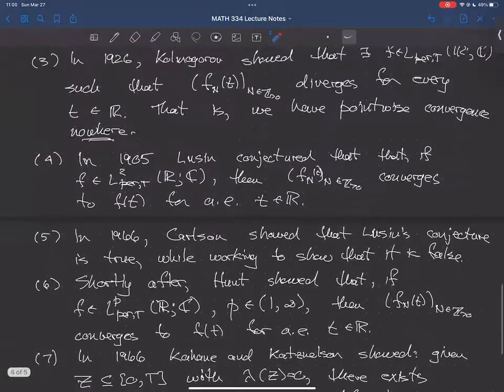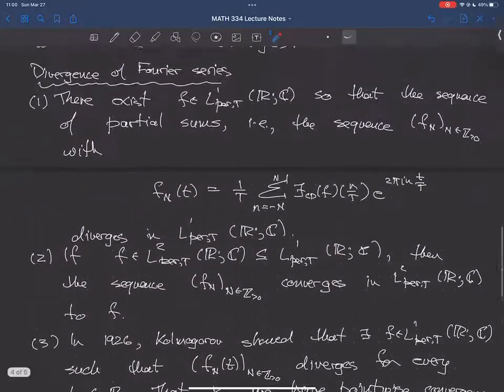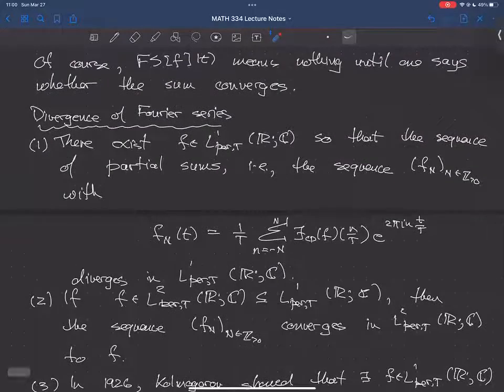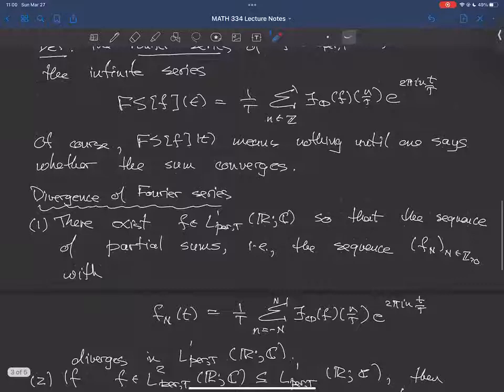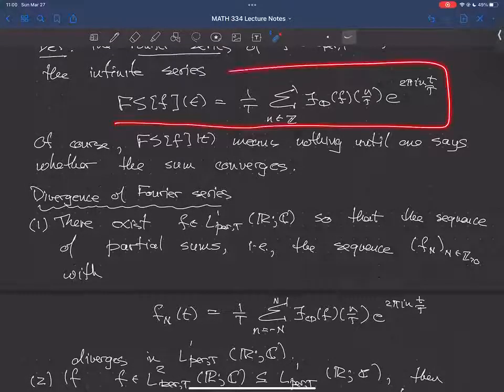All right. And so this list of results tells you that it's a really, really bad idea to write that down. Right? And the reason is that it's literally meaningless. It doesn't make sense pointwise. It doesn't make sense in L1.